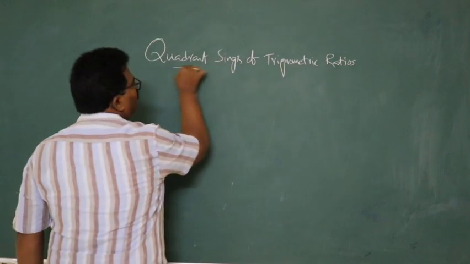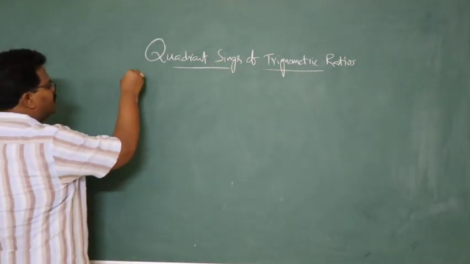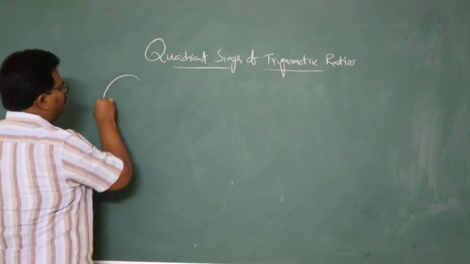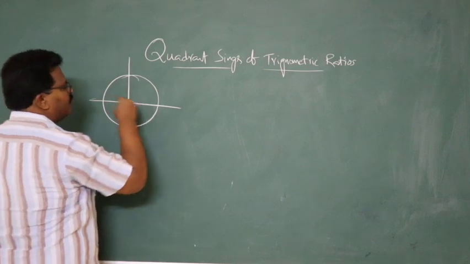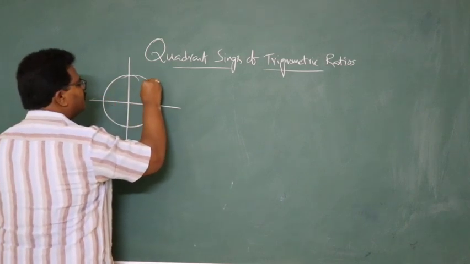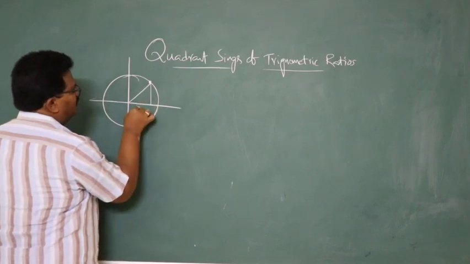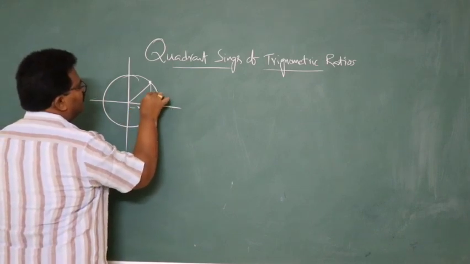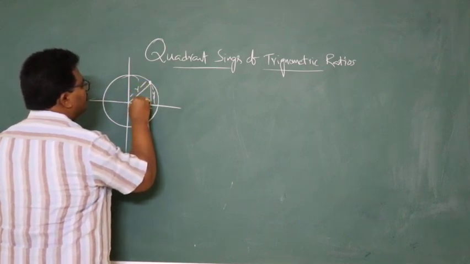In this, first of all, take a circle, then take the horizontal line and vertical line, take a point P, come over here, and draw like this. This is x, this is y, this is r, and this is theta.